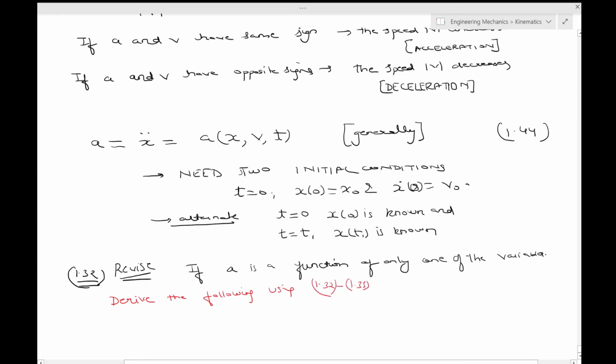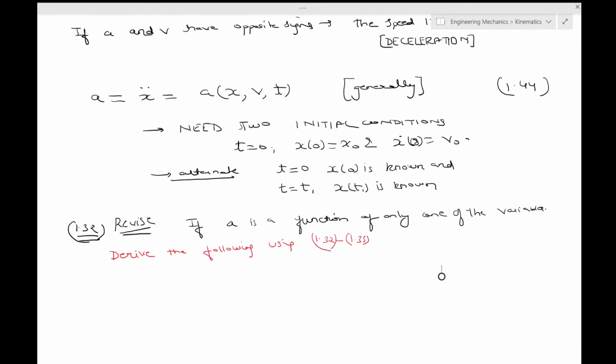This is something which you should be able to do. Don't assume that what I am writing below is obviously known to you. You should be able to derive this. So you have to show that v is equal to dx by dt using the path coordinates.